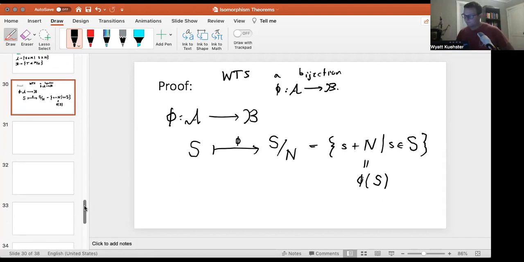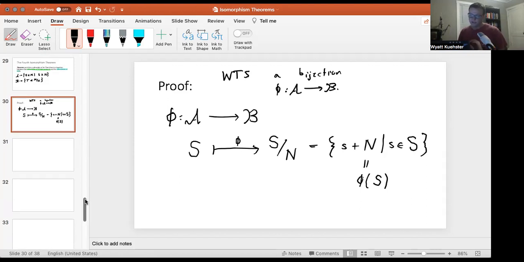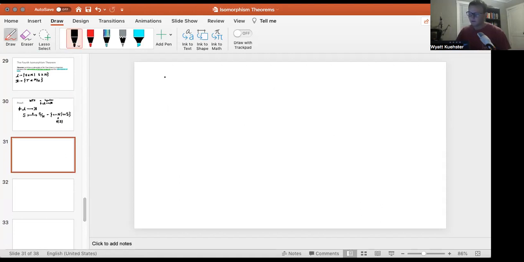So first I should show that this is actually an element of B. And to show that it's an element of B, I just need to see that it's a submodule of M over N. So first, phi of S is a submodule of M over N. But phi of S is S over N, right?